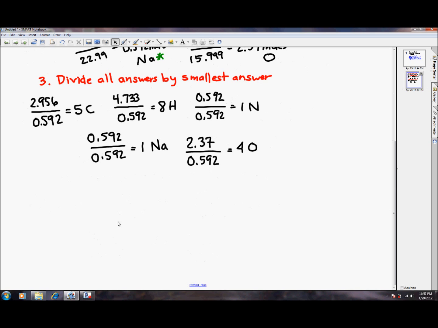Alrighty, getting closer. Now, this is the optional step, okay, which means you may or may not have to do it.